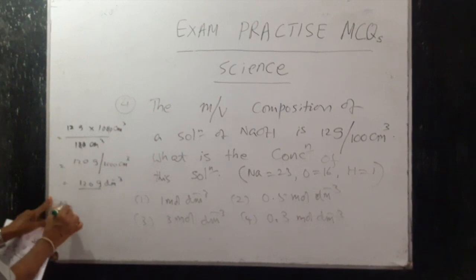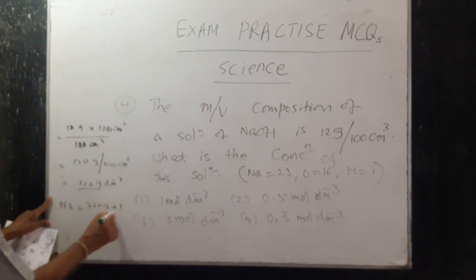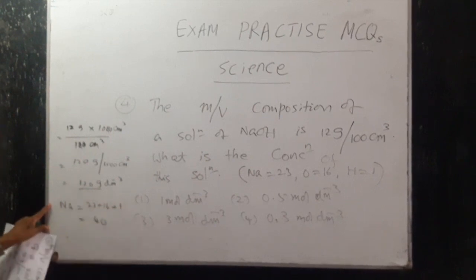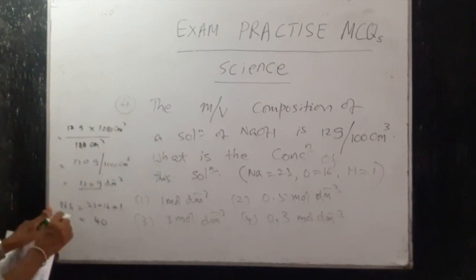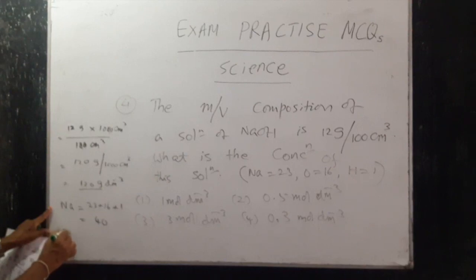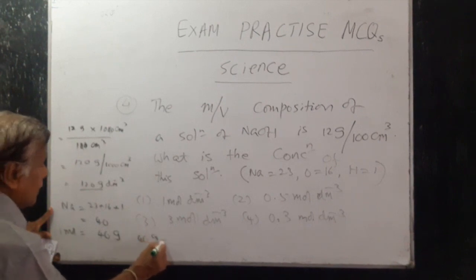Now sodium hydroxide formula mass is 23 plus 16 plus 1, that is 40. This is not in grams, so this is in atomic mass units. 40 atomic mass units, right? Therefore, 1 mole is equal to 40 grams.